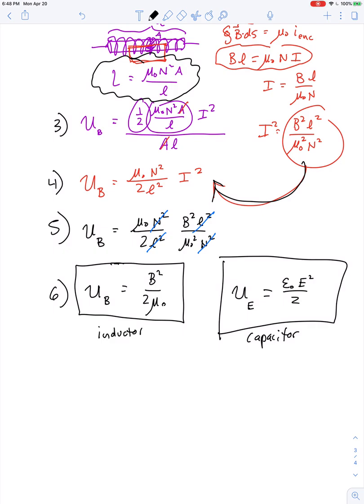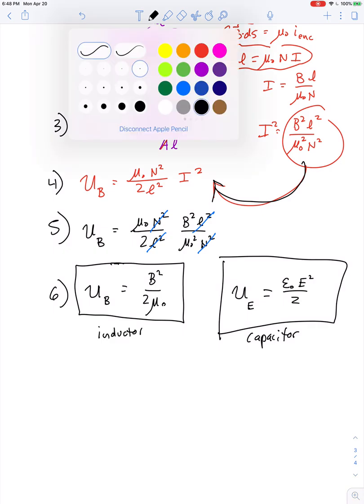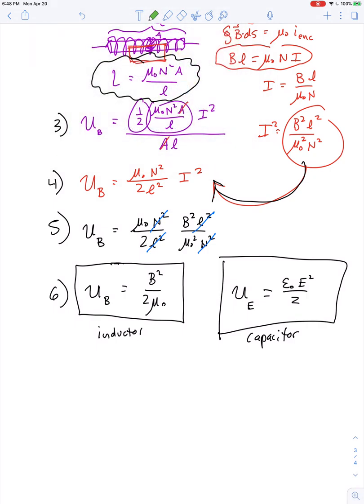So something interesting here, in both of these equations, we have an energy density is equal to 1/2. There's a 2 and there's a 2. And then there's a field strength squared in the numerator.